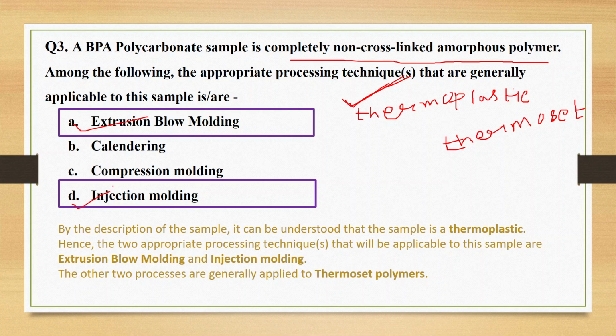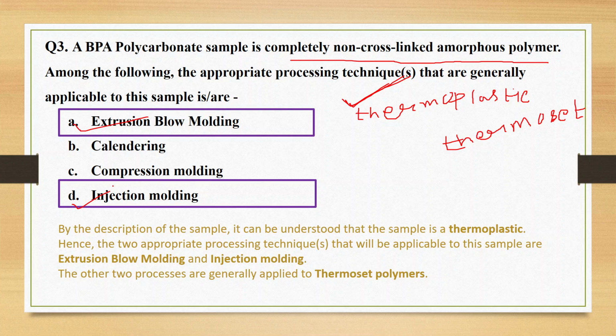This is very obvious, because a thermoplastic is much more flexible: when we give heat you are melting it, but when we remove heat it can go back to its original shape and state. That is the whole purpose of thermoplastics, but you cannot do that with thermosets.